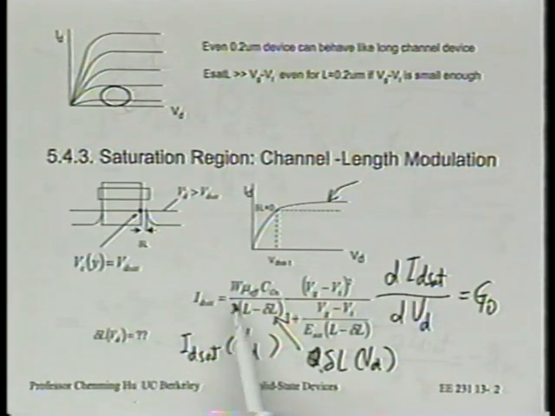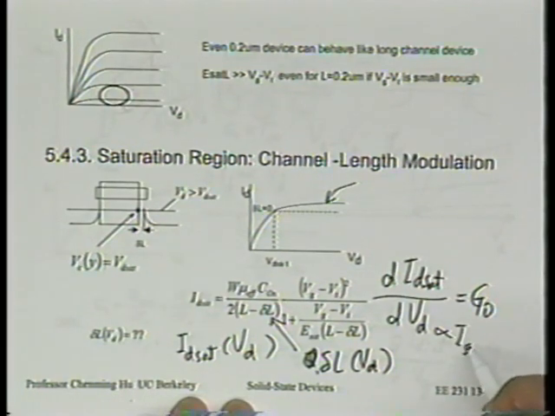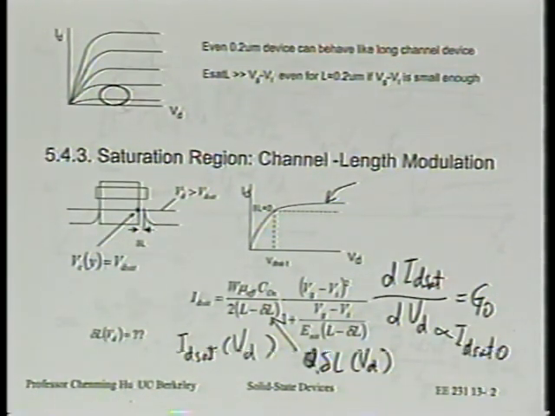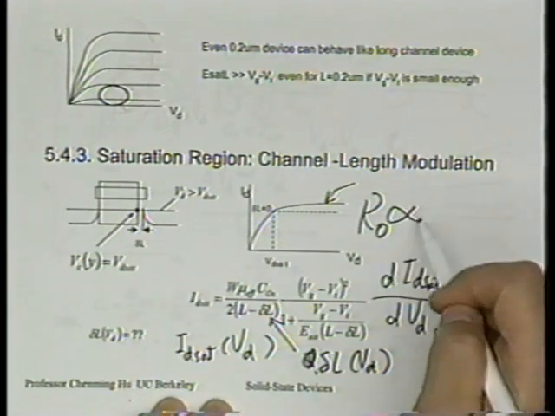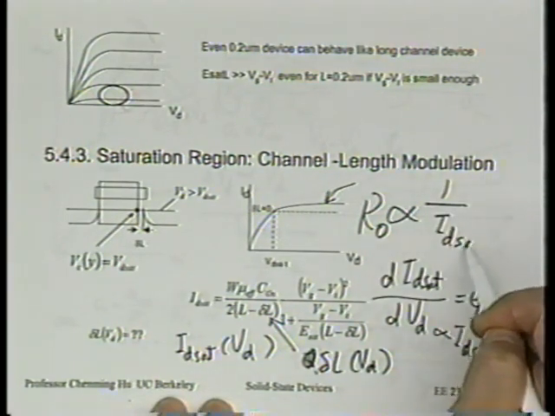GL will be proportional to W, proportional to mu, proportional to Cox, inversely proportional to L, right? You can imagine you're going to get those things, which means this is going to be proportional to ID set, that is right at Vd set. So it's not surprising that R out will be inversely proportional to ID set. Is that right?